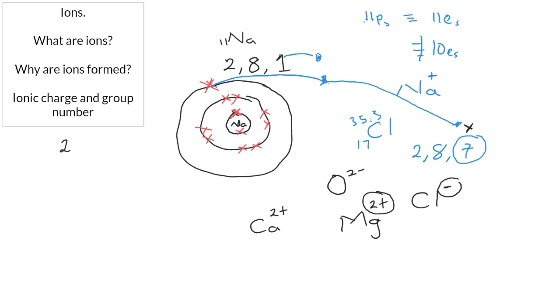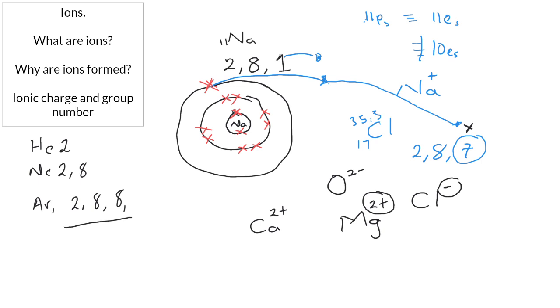If you look at another element like neon, and then another element like argon. The atomic number for argon is 18. All of these elements are stable.